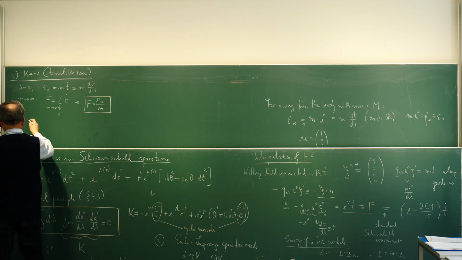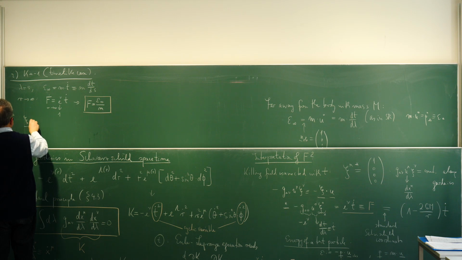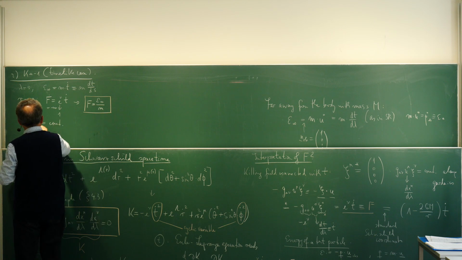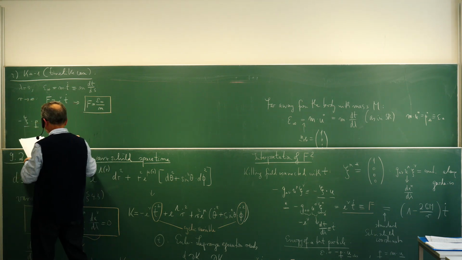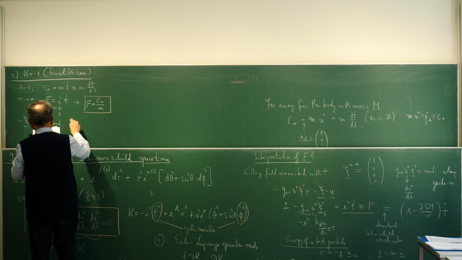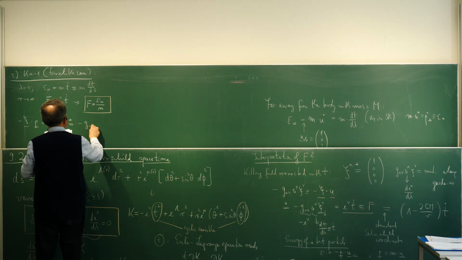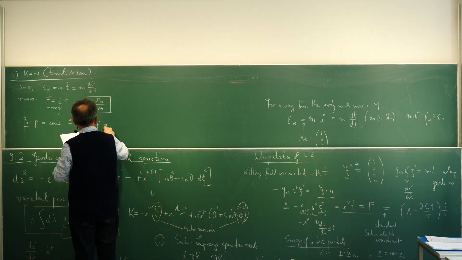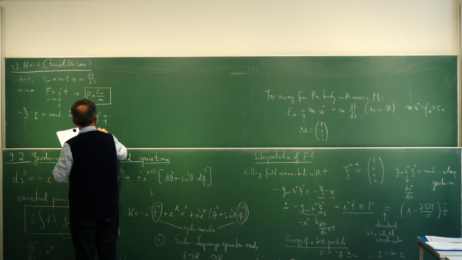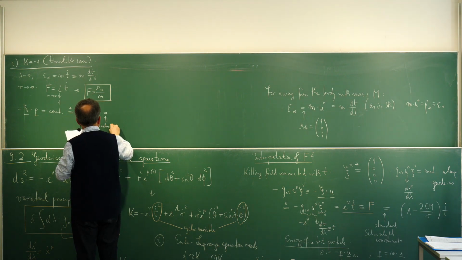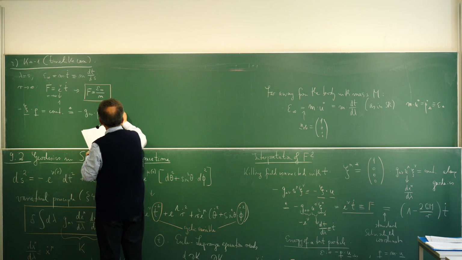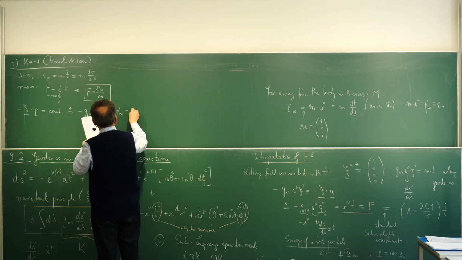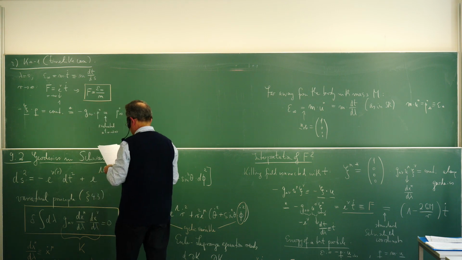So note that psi times p, the Killing vector, is constant, because this is m times u. And in that particular coordinate system, we have minus g00 times p0, which, if this is evaluated at r to infinity, is p0 infinity, which is epsilon infinity.